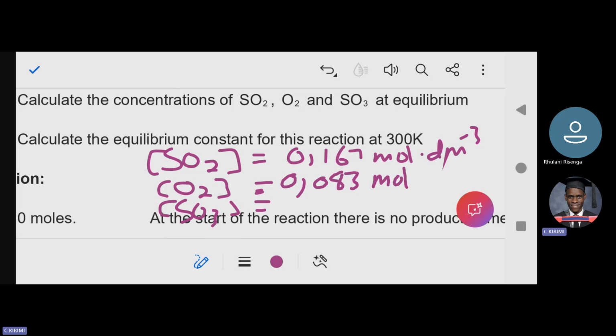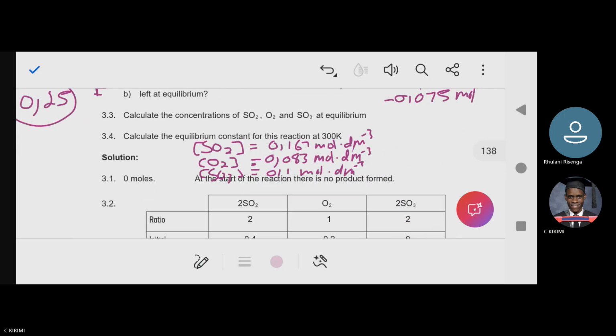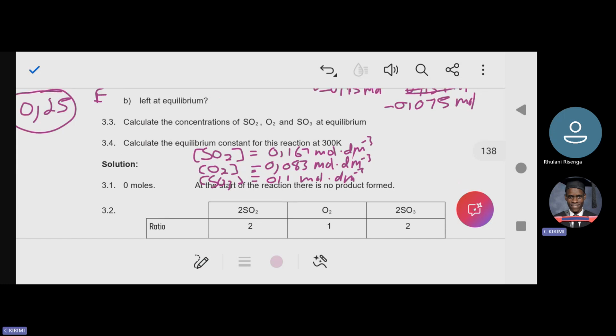Again, it's mol/dm3. And then the last one? 0.1. That's correct, 0.1 mol/dm3. Then now we are supposed to calculate the Kc at 300 kelvins.